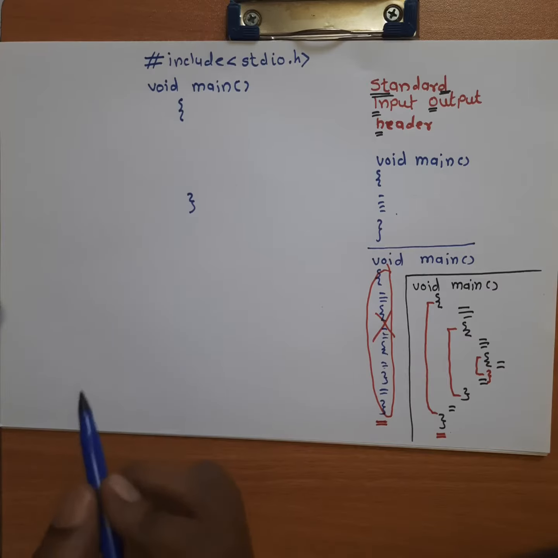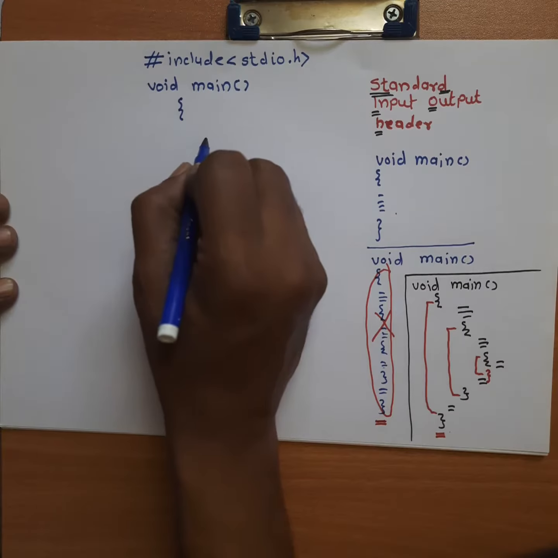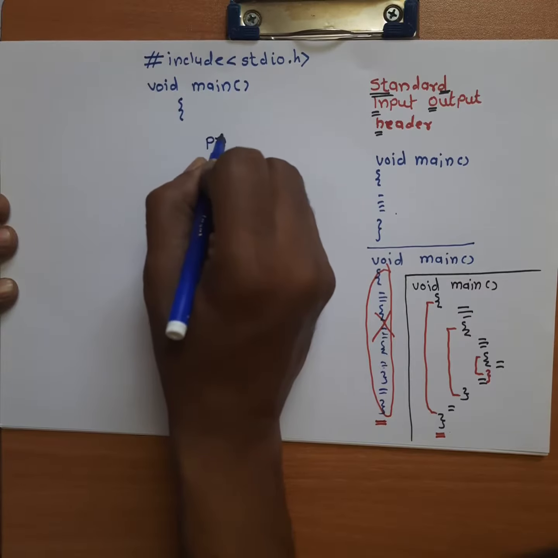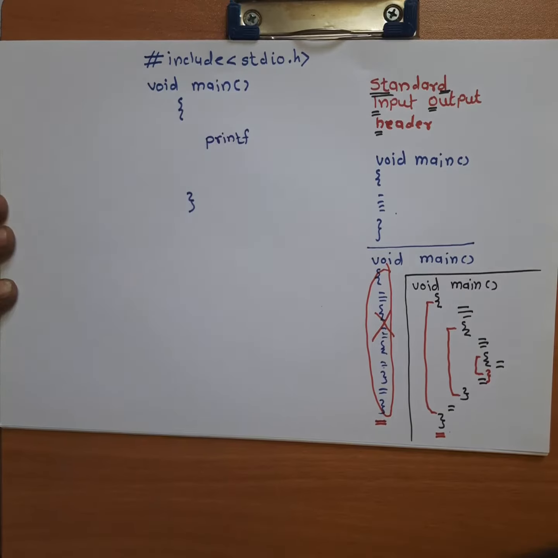So the first statement, that is the output statement, is our printf statement. Everything is small case, it is case sensitive, so everything we have to write in small case. Printf is the output statement.